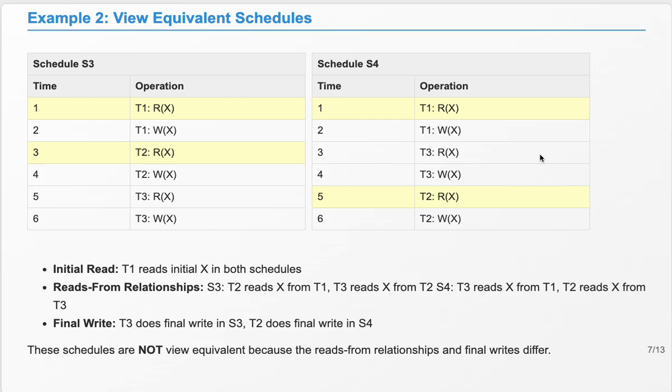And in the end, we can also see that the final writes are different. T3 does the final write in S3, while T2 does the final write in S4. So we can see that these schedules are not view equivalent either, because the reads-from relationships and the final writes are different.